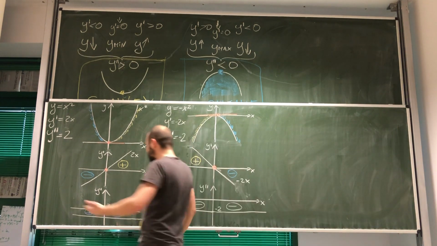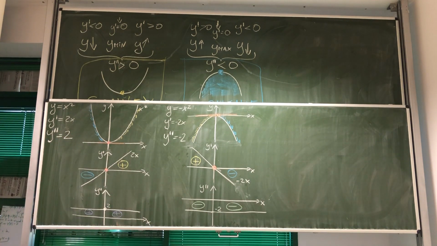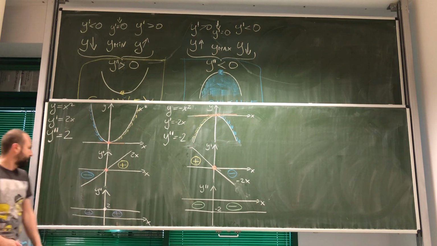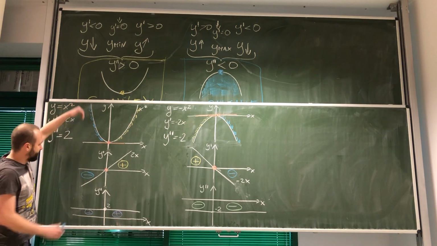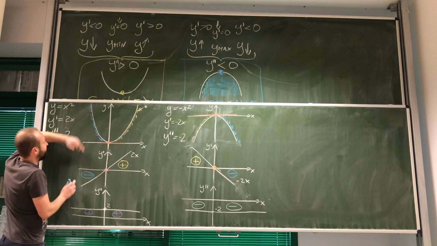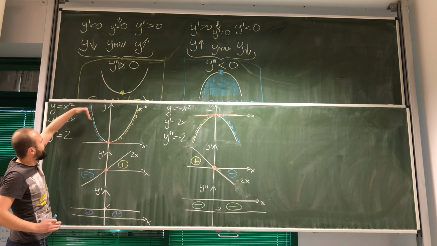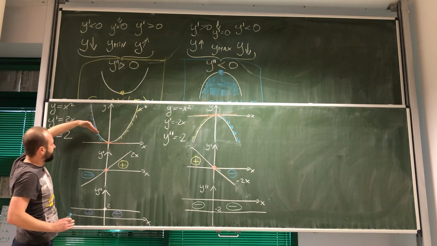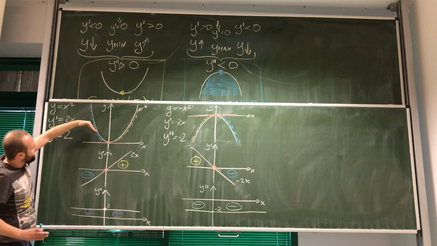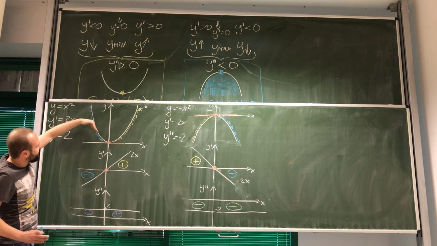Over here, positive second derivative assures us that first derivative is upward sloping, which means that at the beginning function is characterized by very negative first derivative, which means it's falling very fast. But as derivative gets smaller, it starts to fall slower and slower and slower.